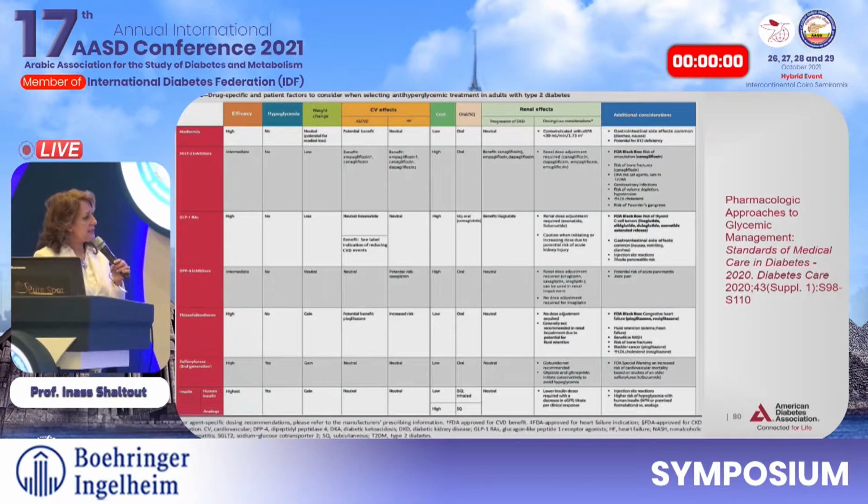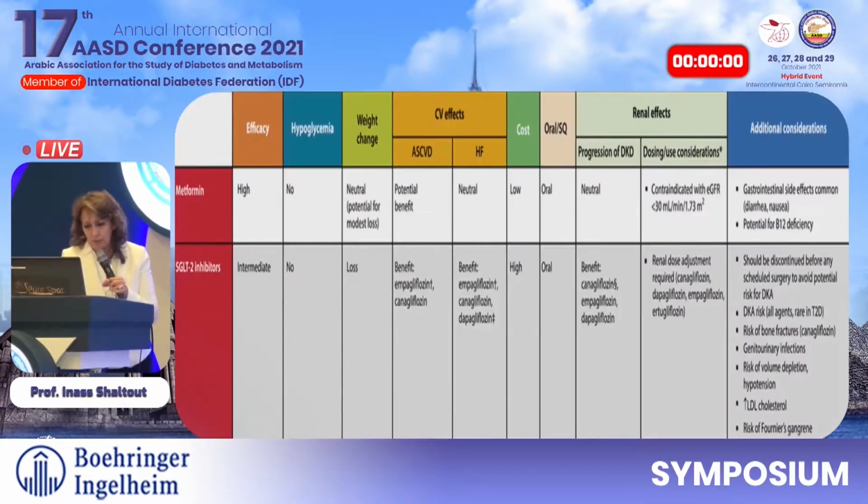Again, this is the ADA, and let me give you a clearer slide about the SGLT2 inhibitors. They have an intermediate efficacy. When added to metformin, the efficacy is much higher. No hypoglycemia. They lead to weight loss.